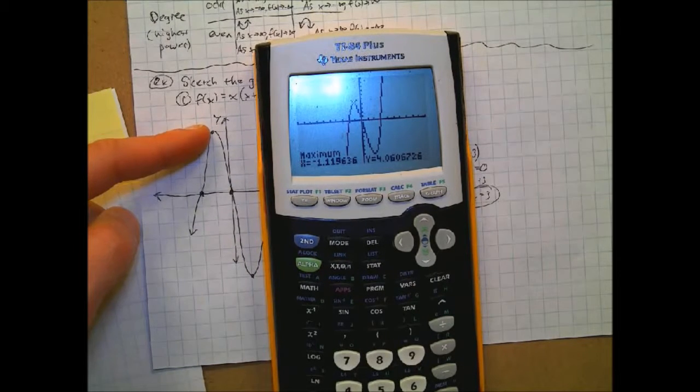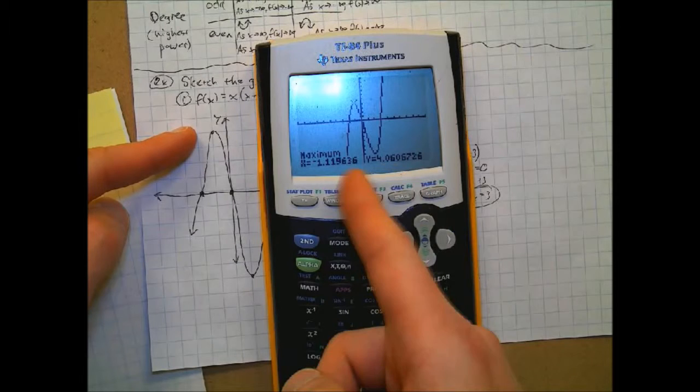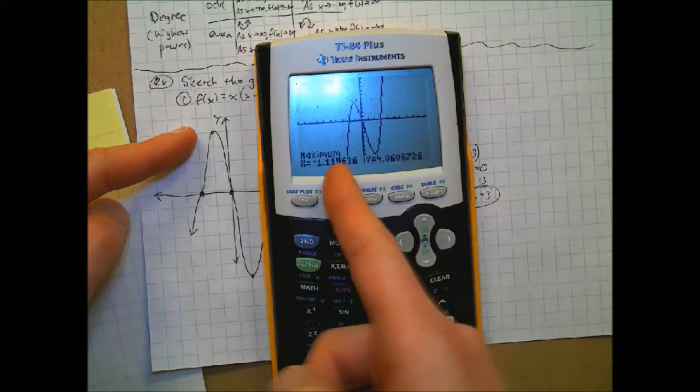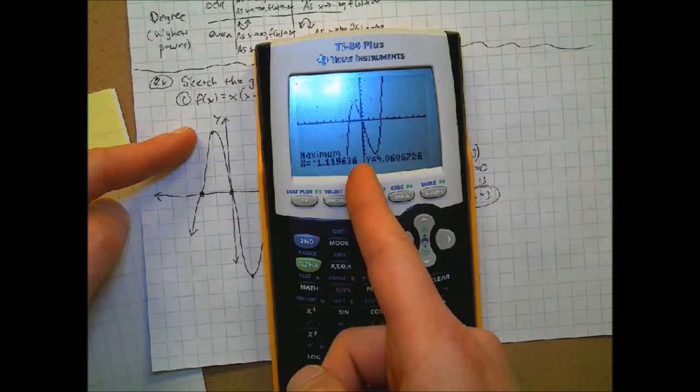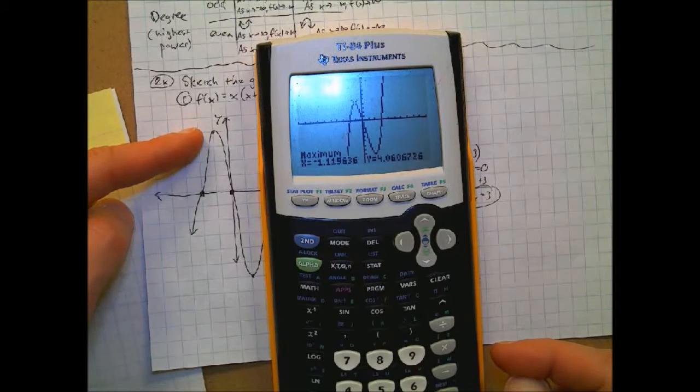Our top is at -1, 4. Is that the same? No. Is this a rounding error on the calculator's part? No. This is not the highest point in this little neighborhood right here. This is the coordinate for the peak.